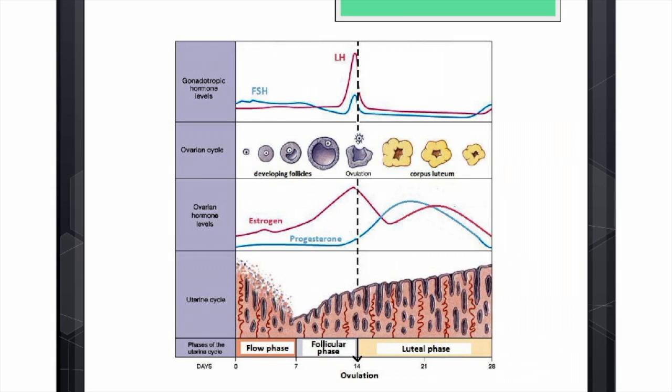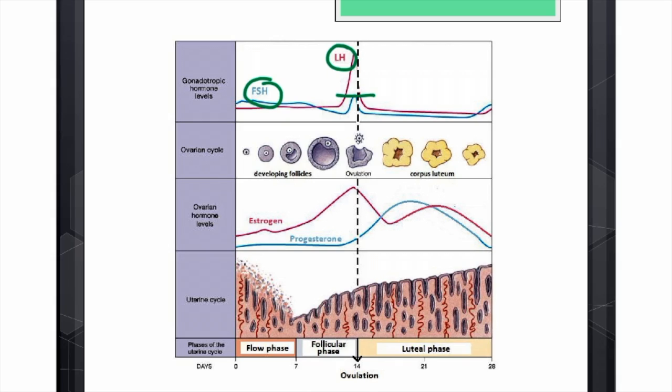Okay, so this next slide is just showing you graphically a few different things. So at the very top here, we have our LH and our FSH. So when we look at this, your FSH is in blue. FSH does not go very high, but it still rises enough in order to do its job. Okay, same thing with LH.